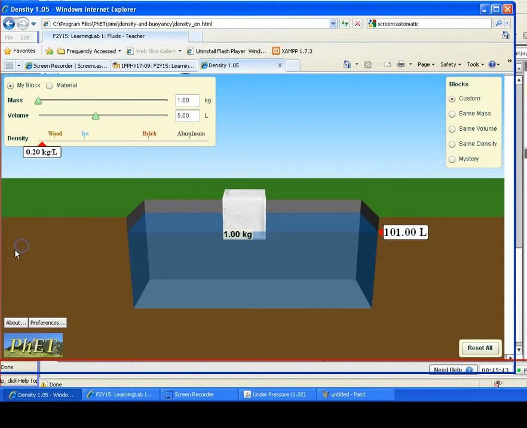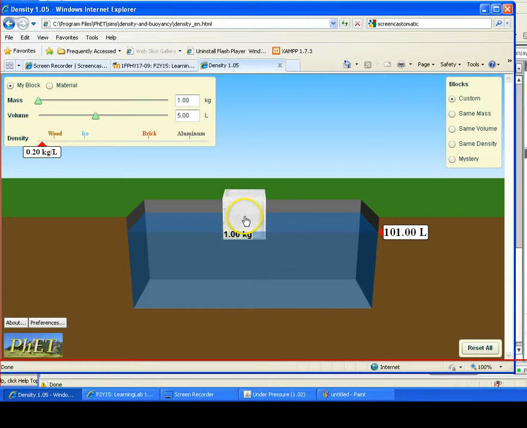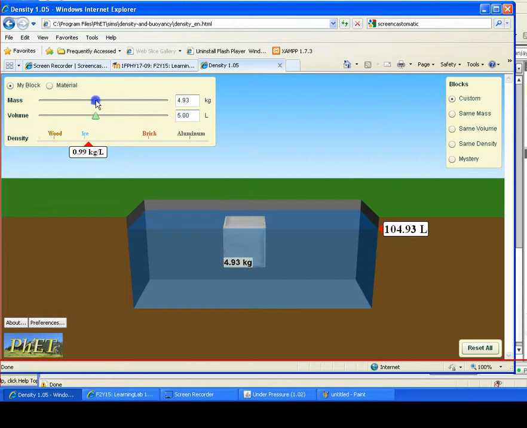Okay, very good. So now here's what I want you to do. I'm going to start increasing the mass, and I want you to see the density at which this block just sinks. There we go, I'm increasing the mass, density is increasing. You can see that the block is sinking even more. I raise the mass to a little bit above 5.